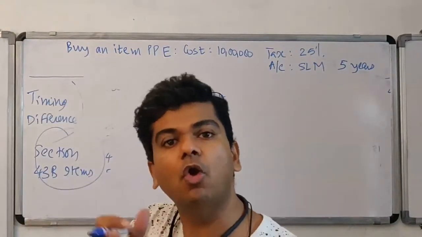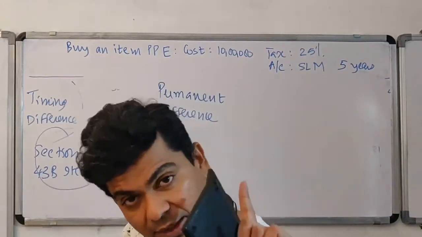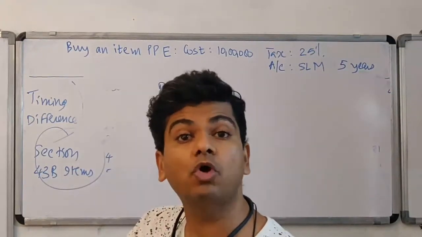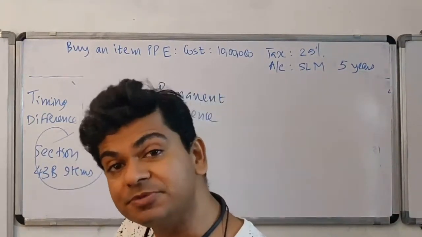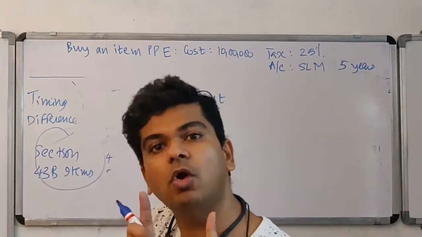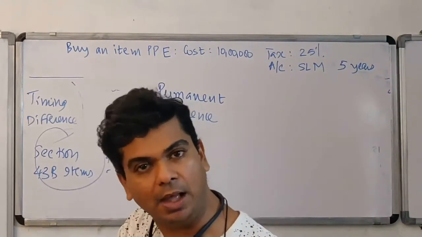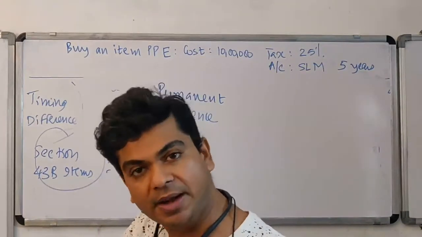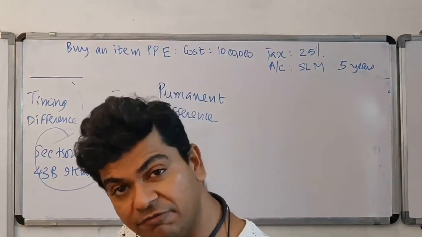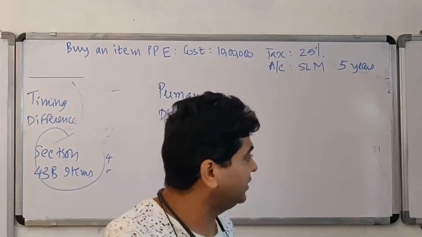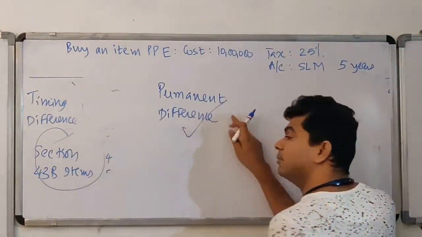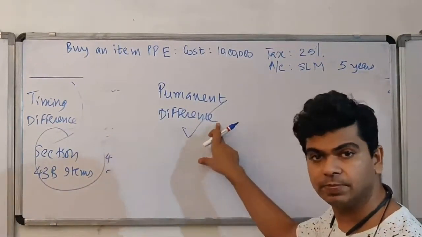And because it will not be taxable in the current period, it will also not be taxable in subsequent periods. So this will cause a difference between my accounting profit and taxable income, but this difference will never reverse itself in future. That's the reason I say it is a permanent difference.